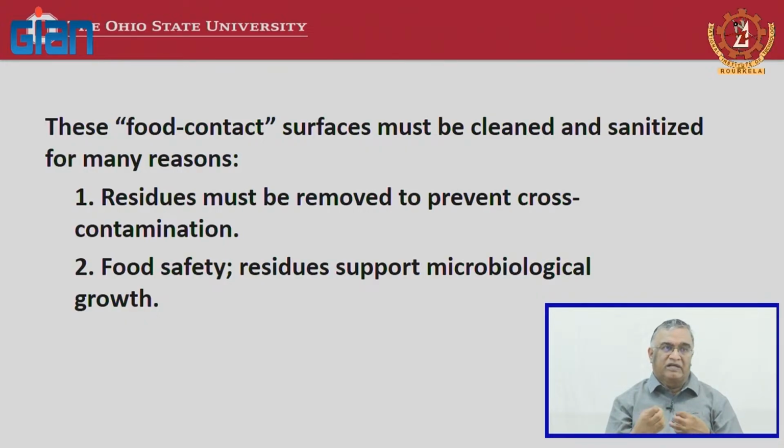Or you are cutting some fruits and vegetables on a table, that may be another example. Those food contact surfaces should be free from all these residues we talked about earlier. So, we have to remove them to reduce and minimize the opportunity for cross contamination, and they also want to avoid any potential microbiological growth.